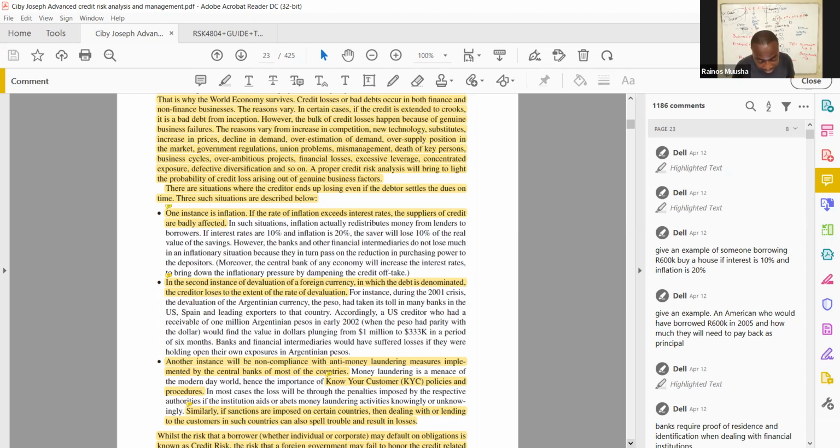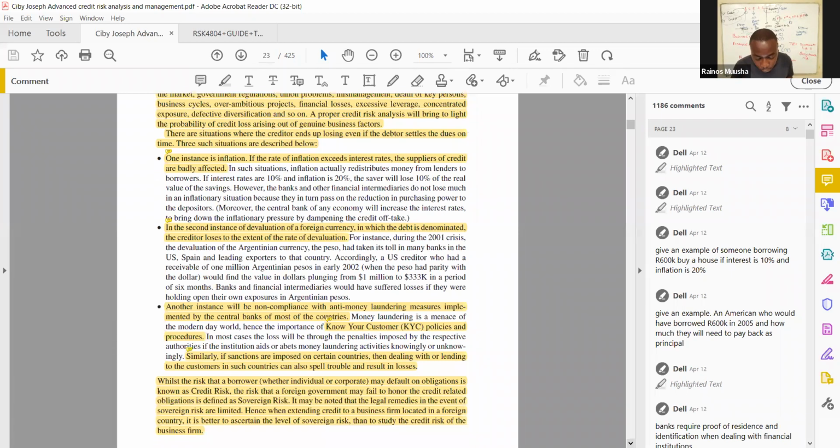The third instance will be non-compliance with anti-money laundering measures implemented by the central banks of most countries. That's why when it comes to banks, they look at KYC, which is the know your customer policies and procedures.